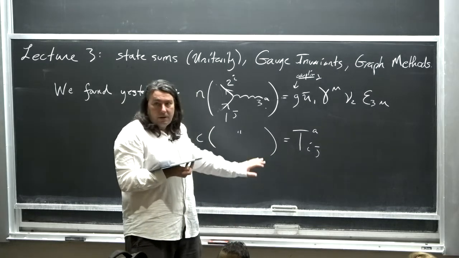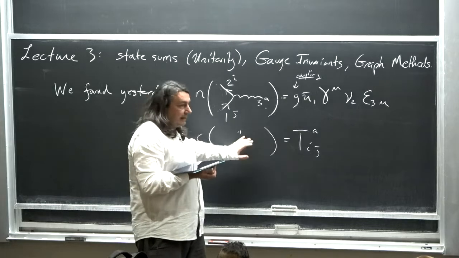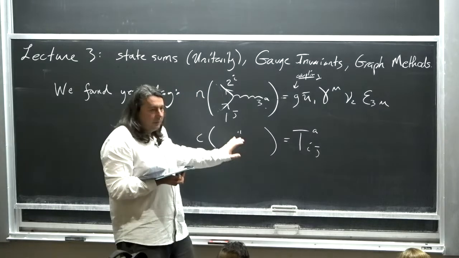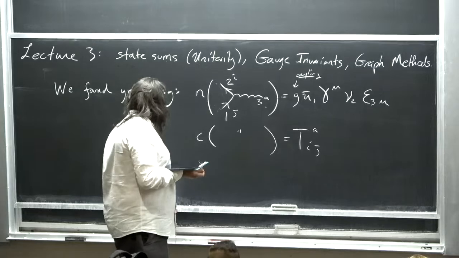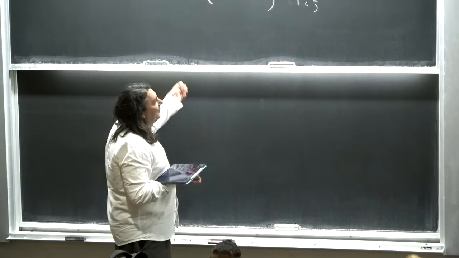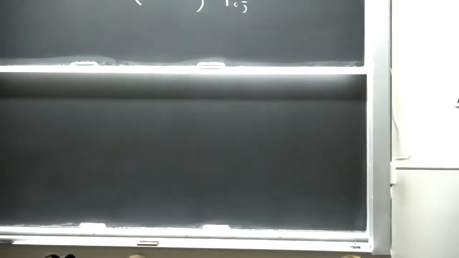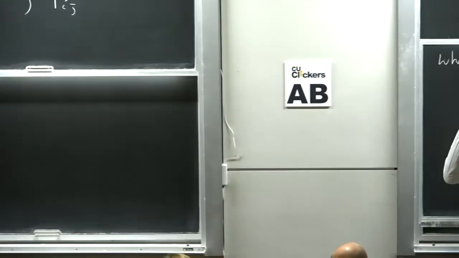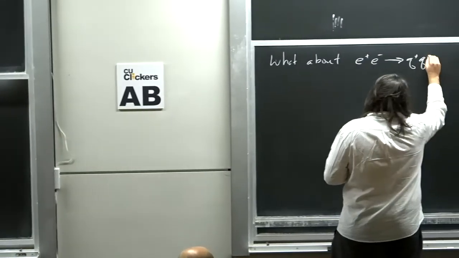Good. This was just to set us up, because now we're going to calculate something physical. Maybe you already know, based on the two examples I just gave, what I want to calculate. What about e plus e minus going to quark plus quark minus?